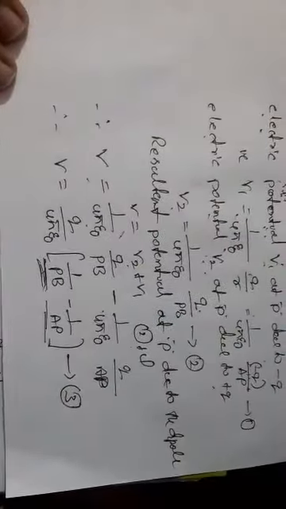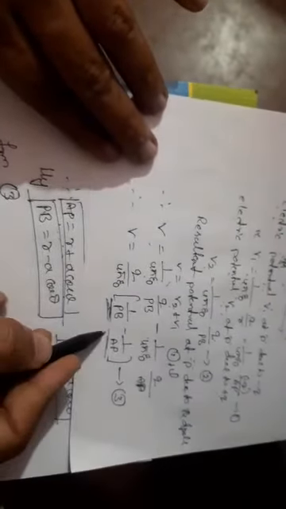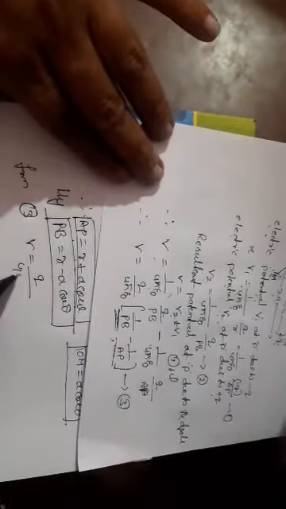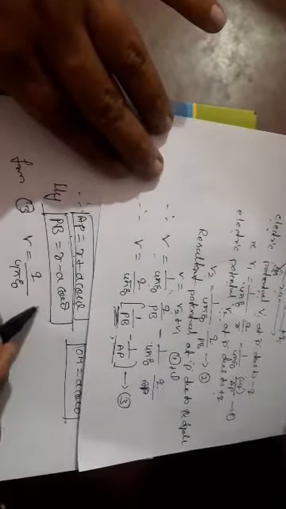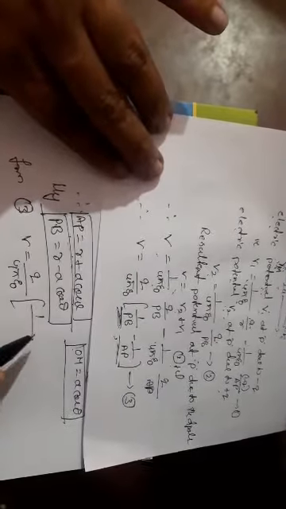Substitute the values of AP and PB in equation number 3. What is equation number 3? The electric potential V is equal to Q by 4 pi epsilon naught times 1 by PB minus 1 by AP.